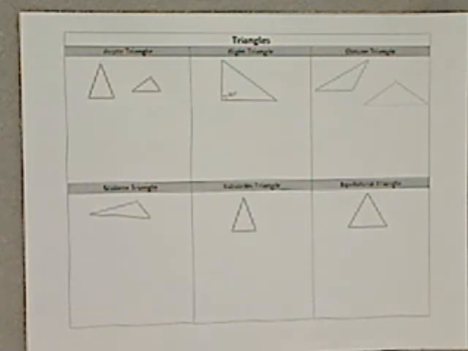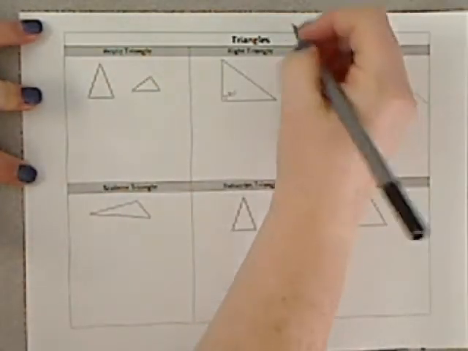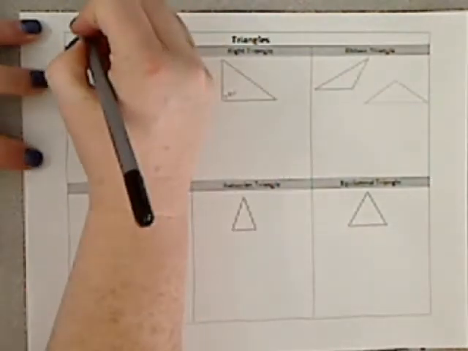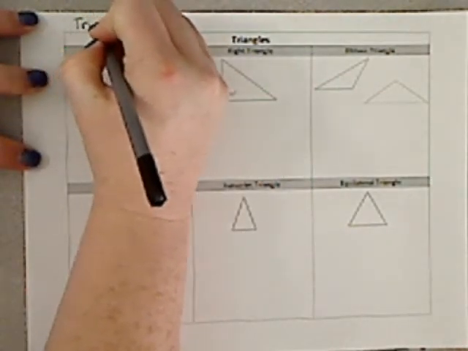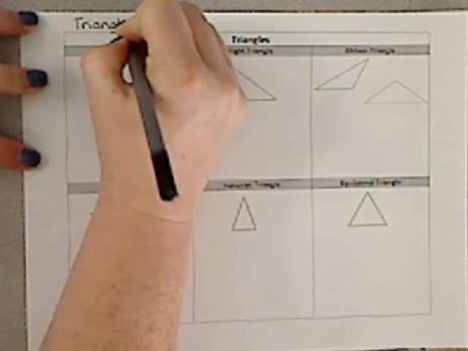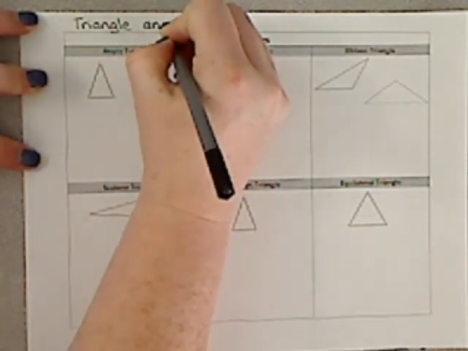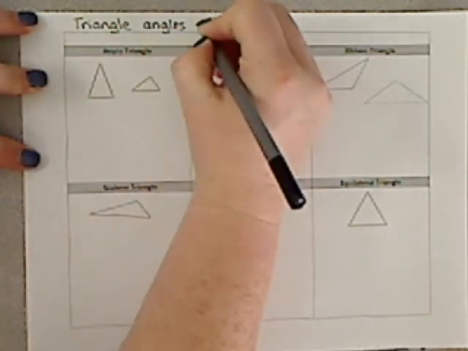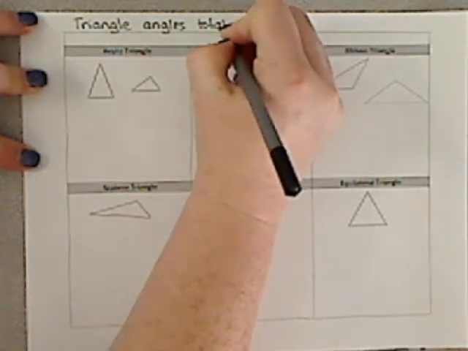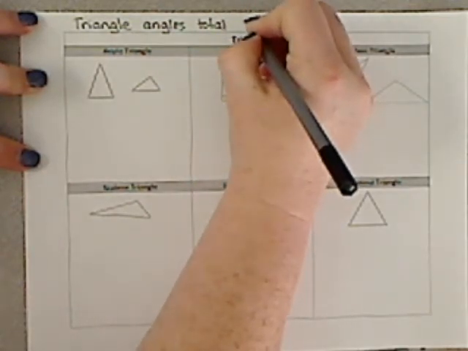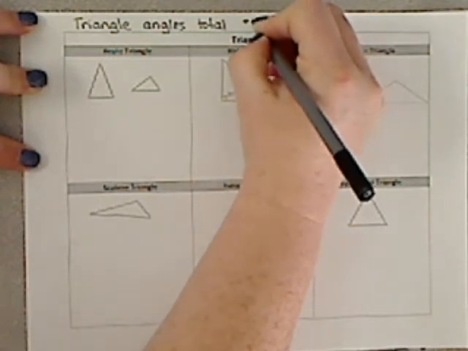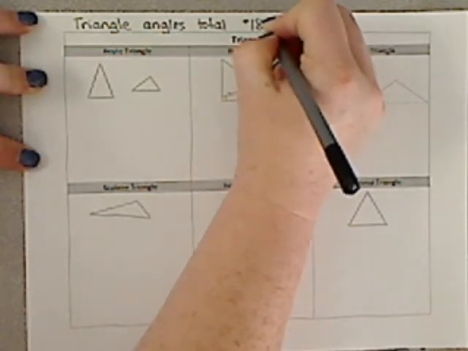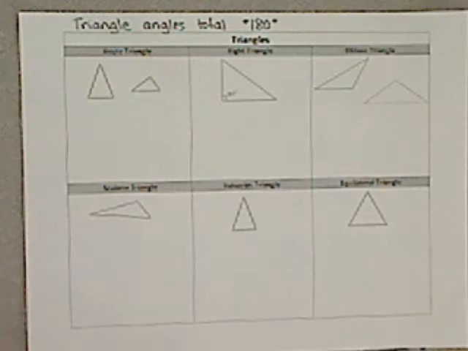Triangles all have three angles, and no matter what, triangle angles total 180 degrees.